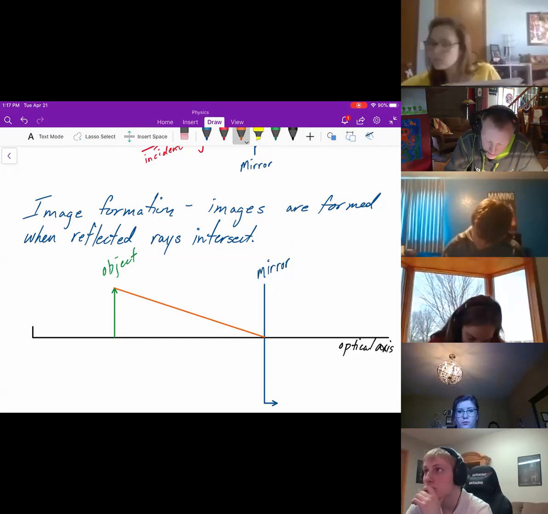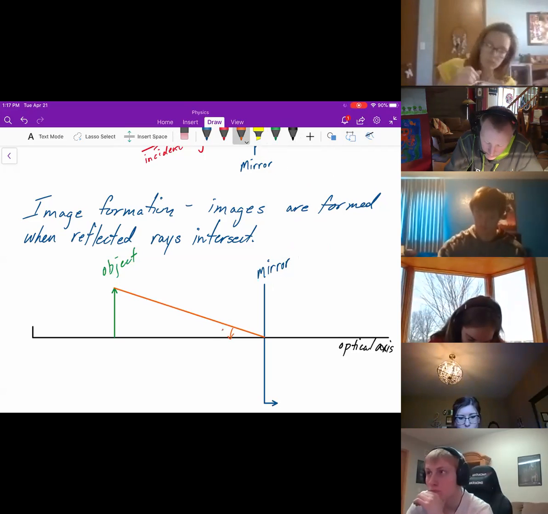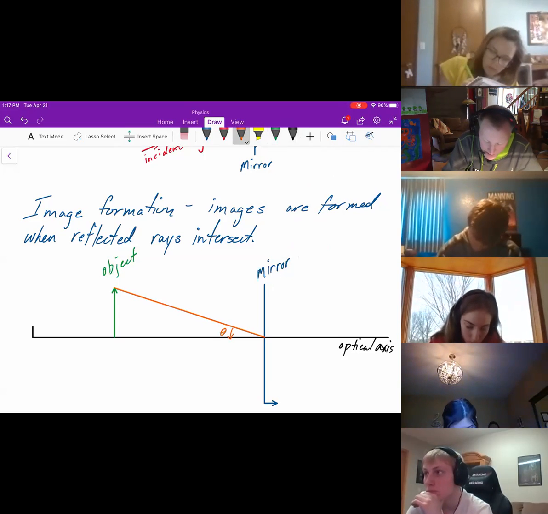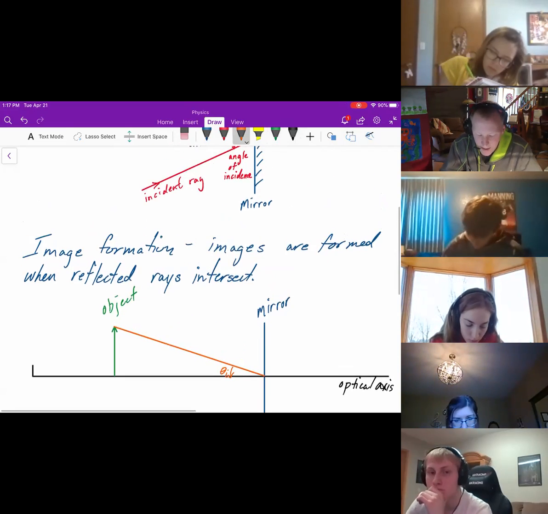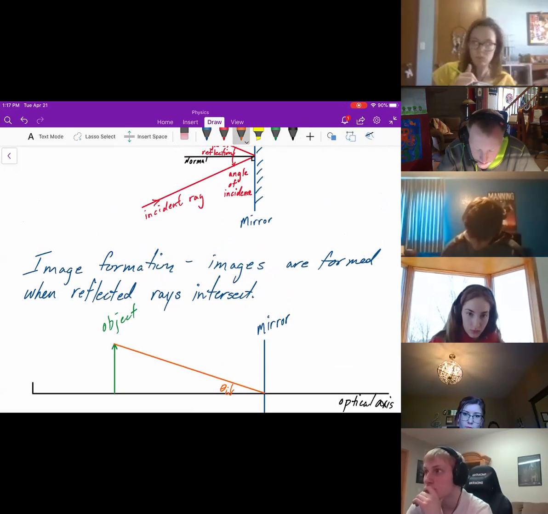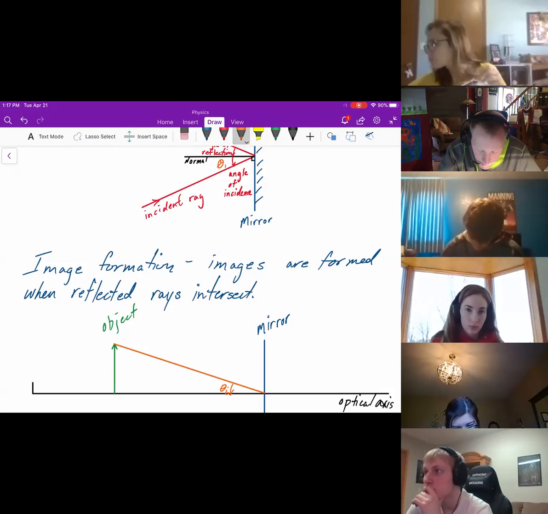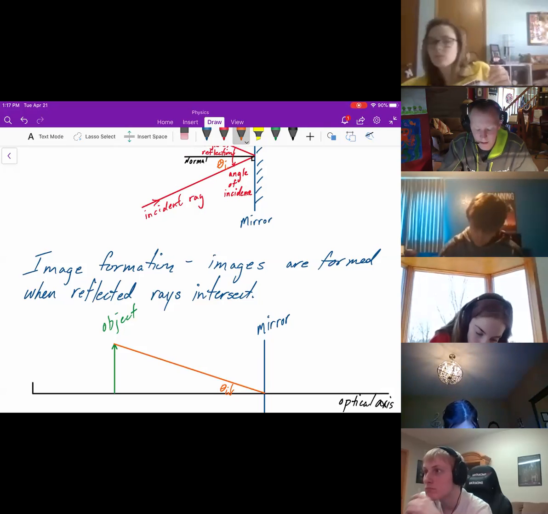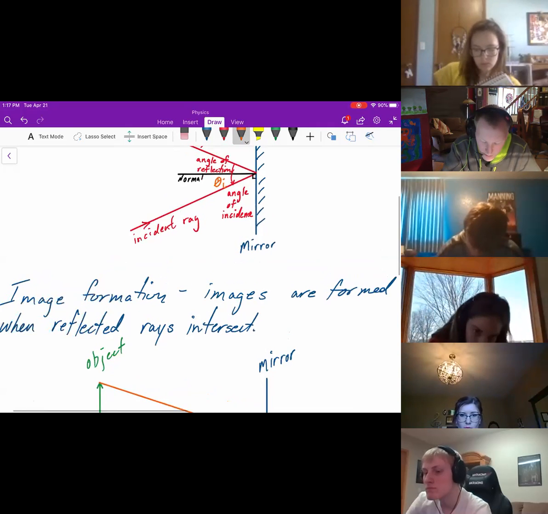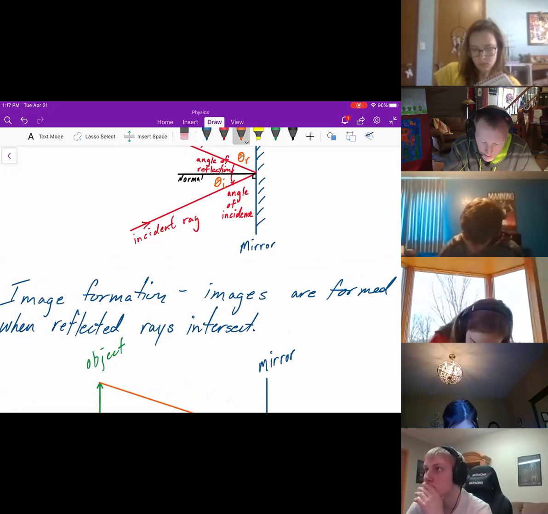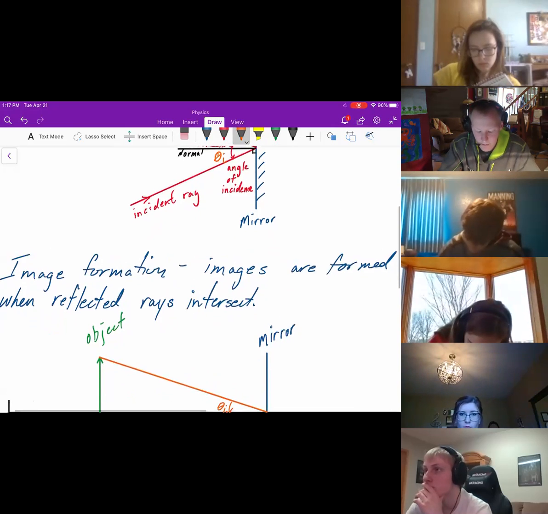And that's going to hit with some incident angle, which we often abbreviate as theta I. Let's go up and add that to our first drawing up there. Theta I will be our incident angle. Theta R then will be our reflected angle.